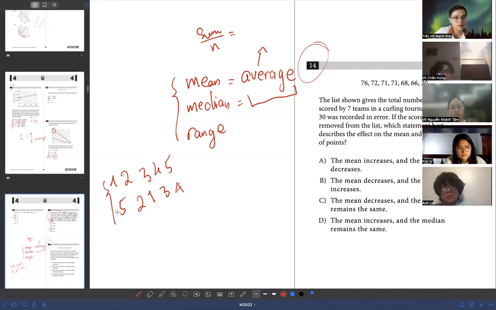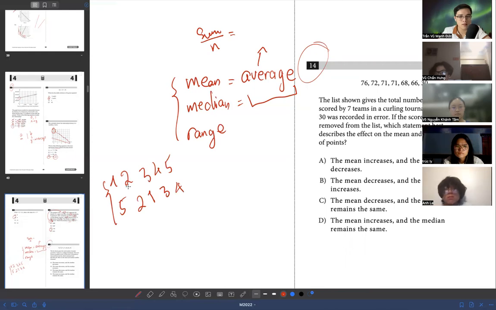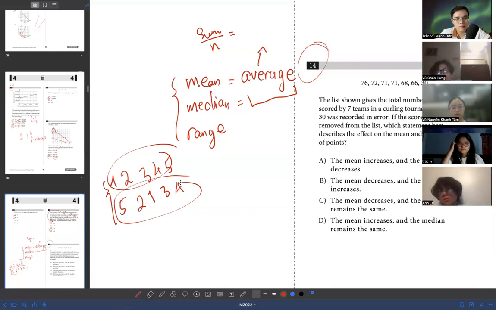What kind of list? The median is the middle of what? The first one or the second one? They're the same, right?